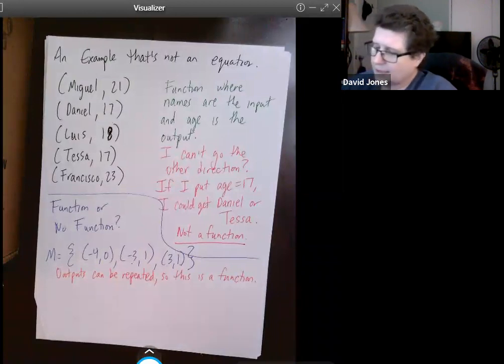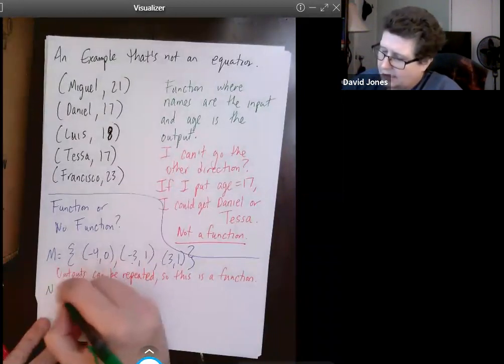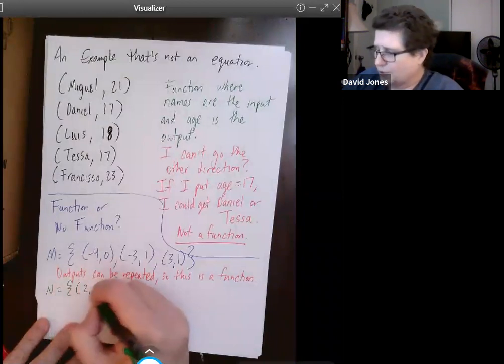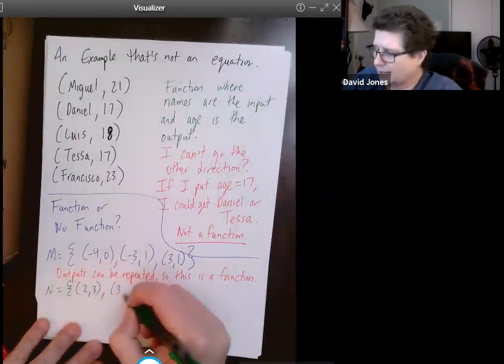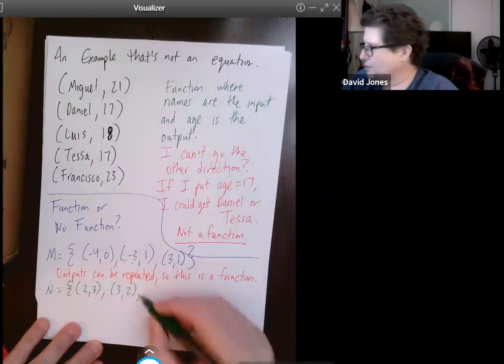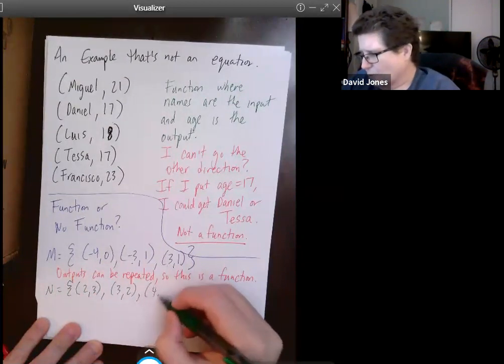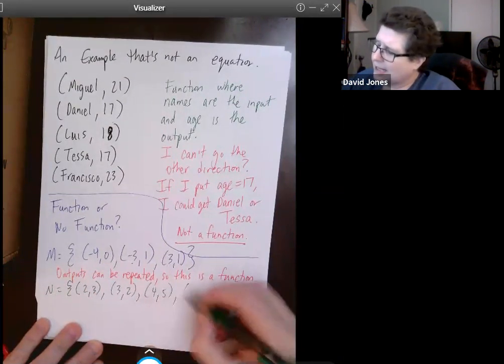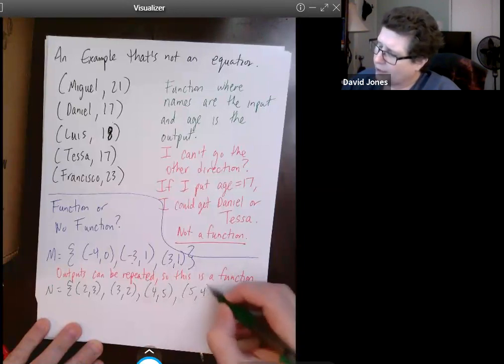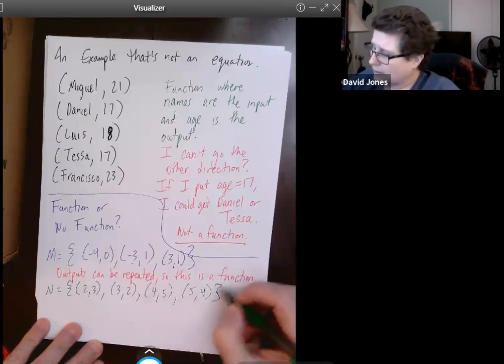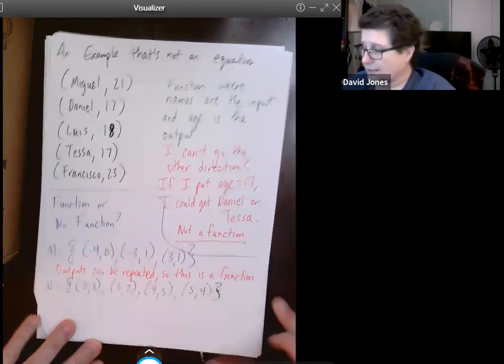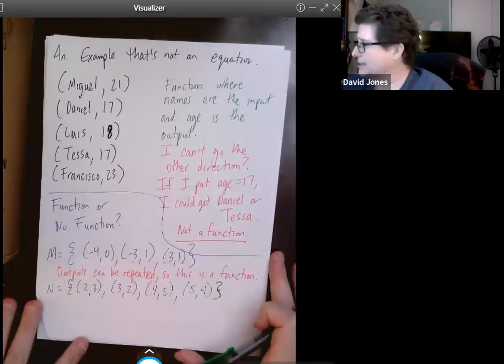I could have something like set N. N is the points 2, 3. I've got another ordered pair 3, 2. I can have another ordered pair 4, 5. And I can have another ordered pair 5, 4. This is not an equation, it's just a set of points.